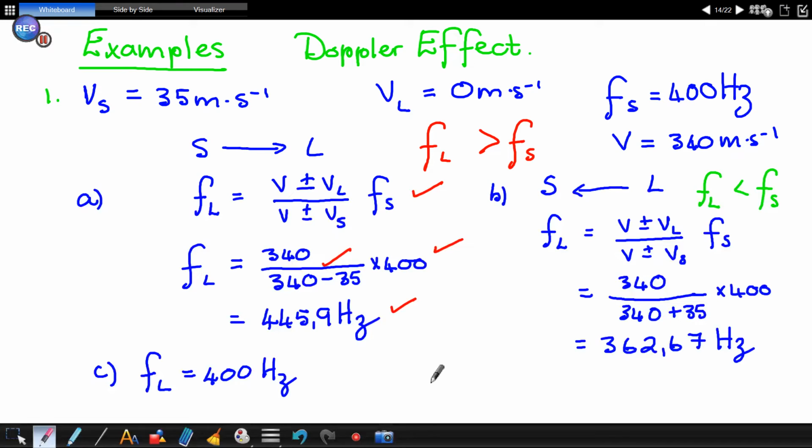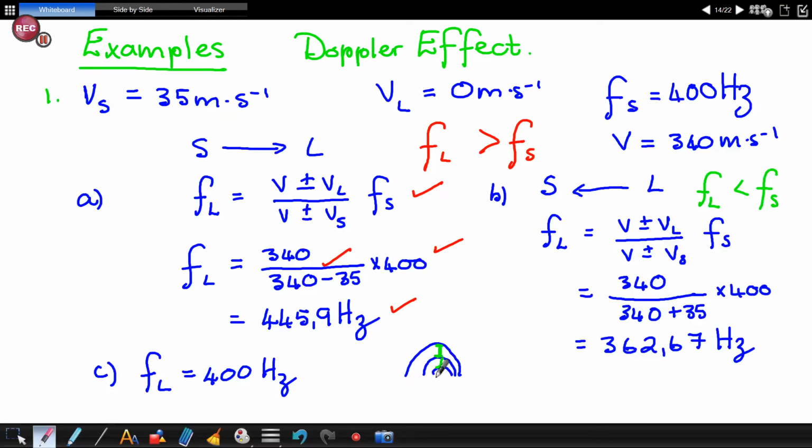When we drew those diagrams that showed how the waves ahead are compressed, and the waves behind are stretched out, the wavelength that is next to the source didn't change.